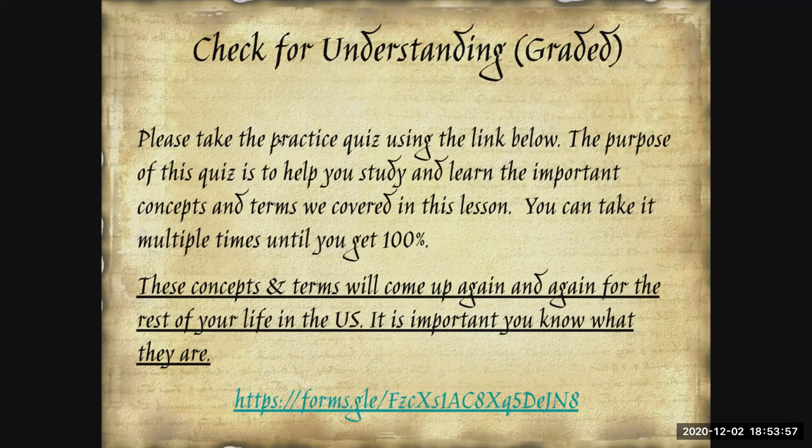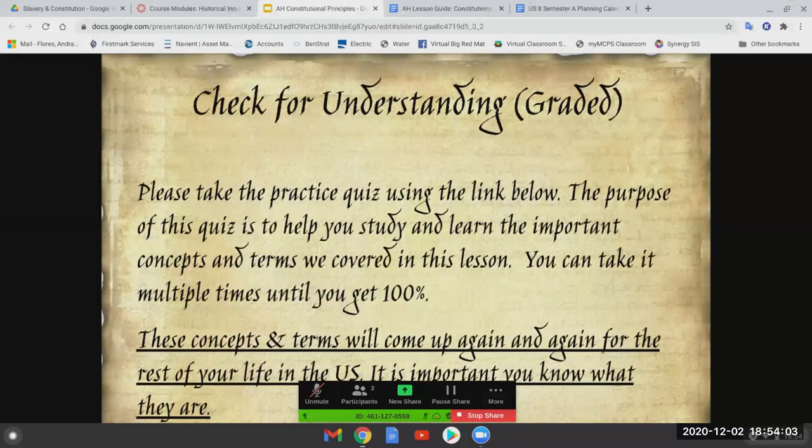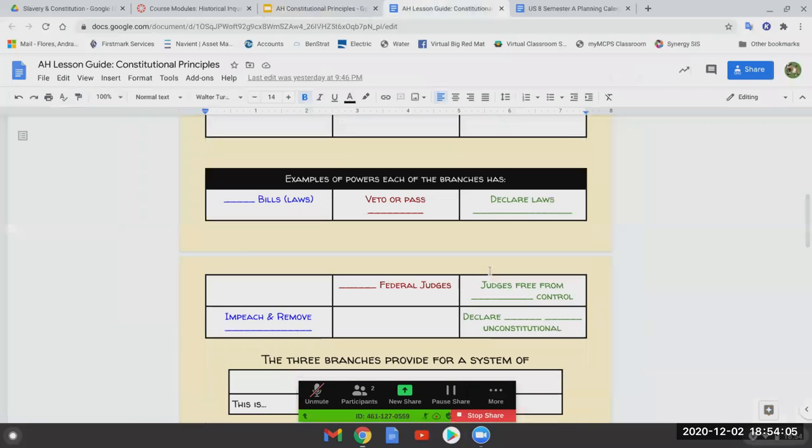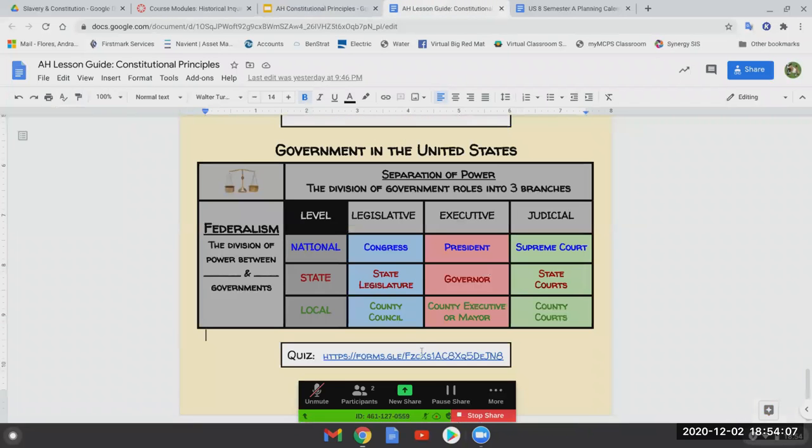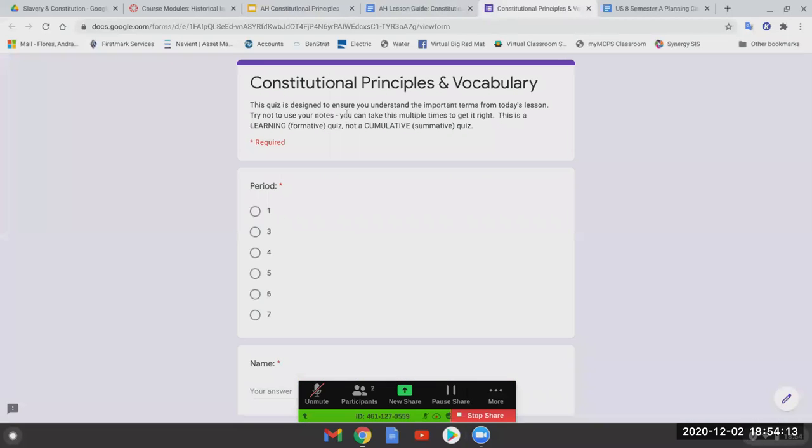It's a Google form. And the purpose of this, it's a formative quiz. Okay, let me show you here. A formative quiz is for learning. So it's a learning quiz, not a cumulative, summative quiz that you can't retake.